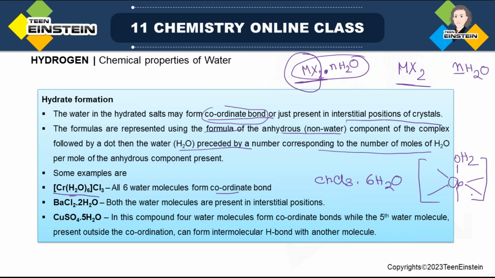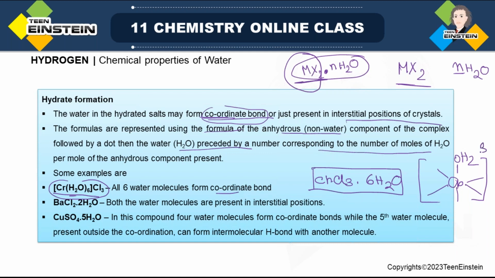These water molecules, as mentioned in the first statement, can remain by forming coordinate bonds. So normally it is expressed like this as a hydrate, but as it is also a coordination compound example, those compounds are expressed like this. So OH2, here it is making a coordinate bond, so that is why it is inside the third bracket, which is also known as the coordination sphere.